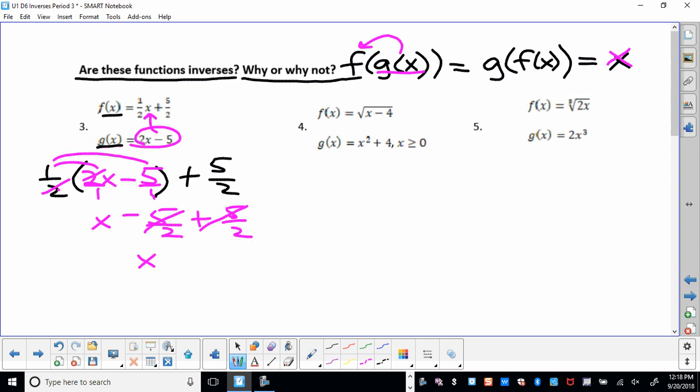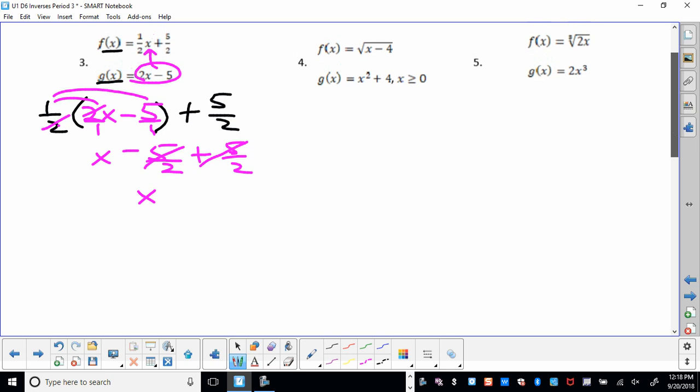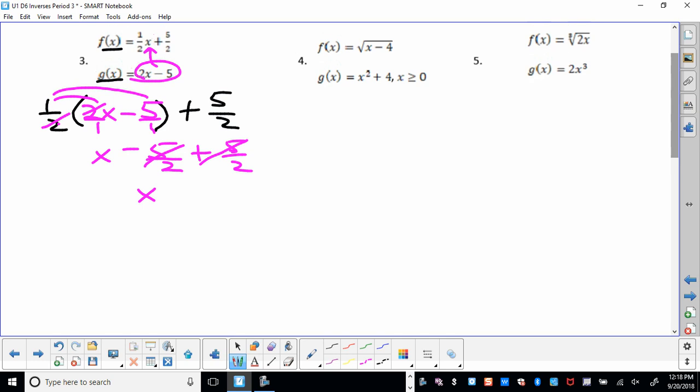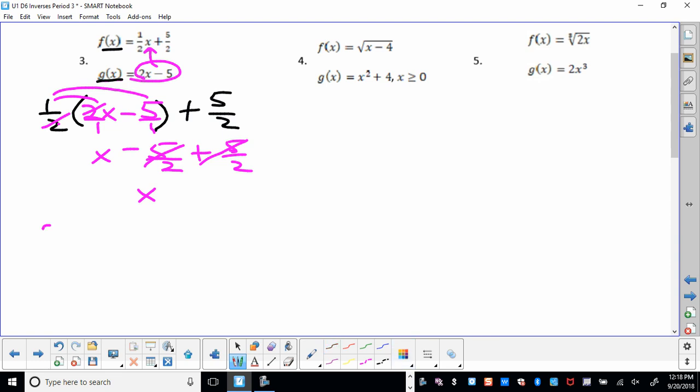So now I just need to do the second one. We put f into g. So I'm going to start out writing g. G is my pink, so I'm going to write 2 parentheses minus 5, because that's g.